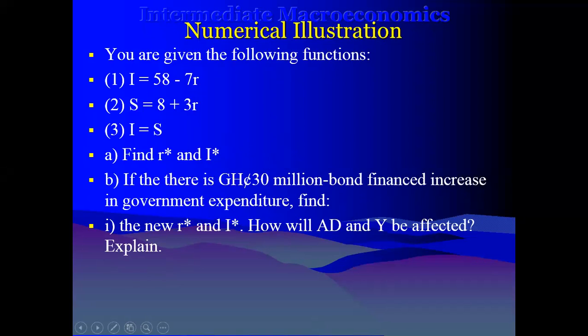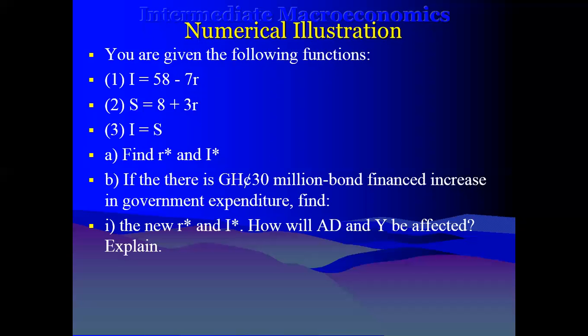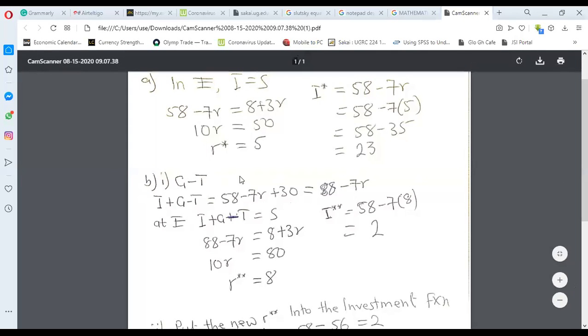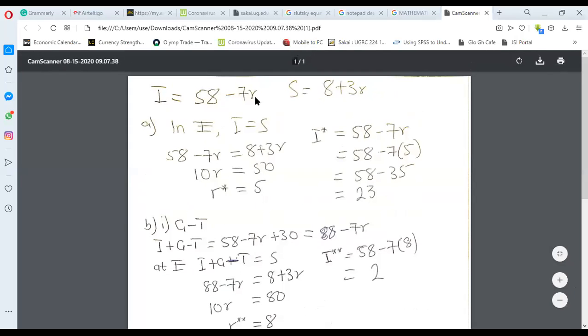Okay. So let's look at that. So we add the bond finance government deficit to the investment function. So this is what you get if you add 30 to this.